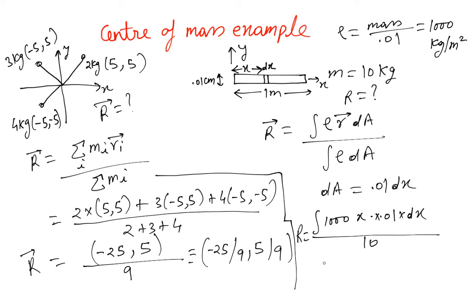So this gives us, you see, 10 and 0.01 get cancelled, and we are left with the integral of x dx from 0 to 1, and if you do a small calculation, this will turn out to be half a meter.